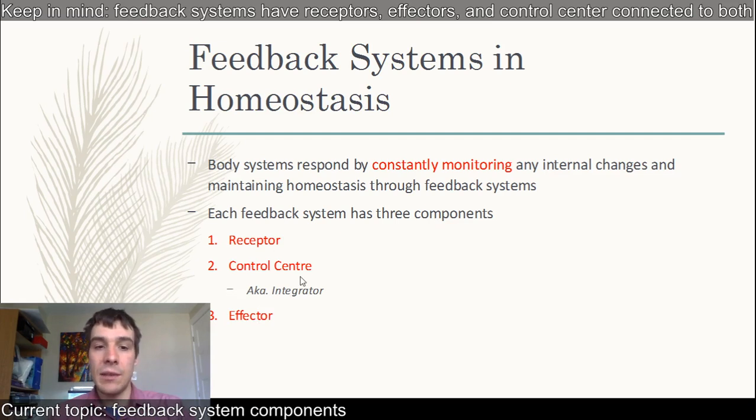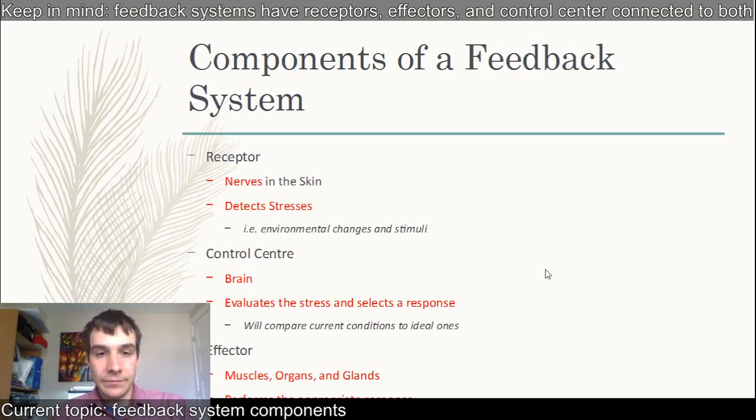But typically there's only one control center, usually in the brain, which monitors these things and sends out the appropriate signals to change them. So here are the components. Receptors are often nerves in the skin or the eyes or wherever they might be. They'll detect different changes. The control center is usually in the brain, but not always.